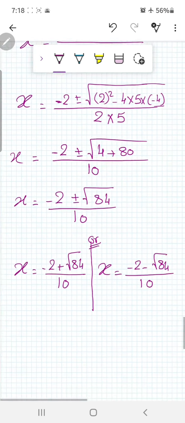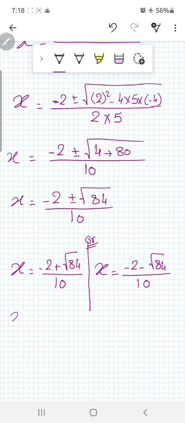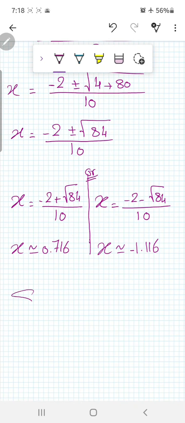Using your calculator, the results will be x approximated 0.716, and here negative 1.116. So the solution set here is 0.716 and negative 1.116. Okay, let's take another one.